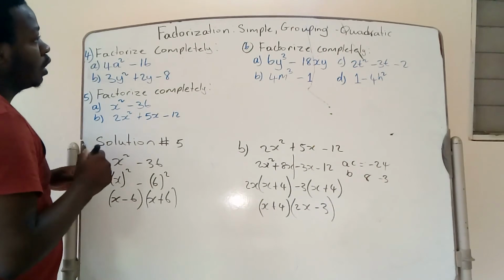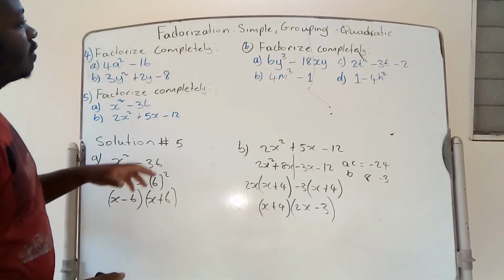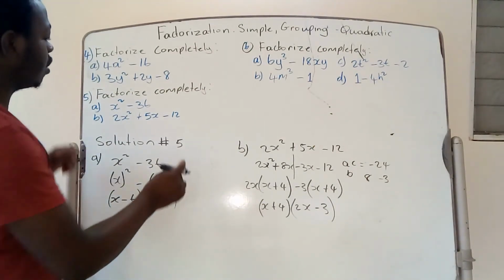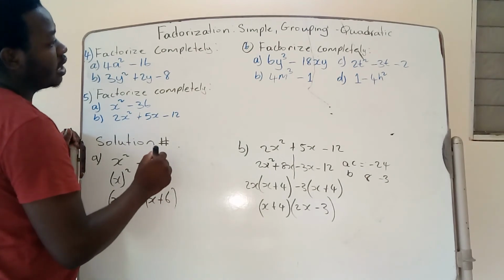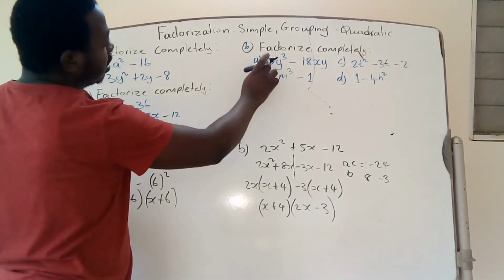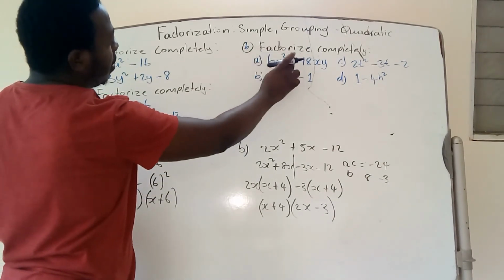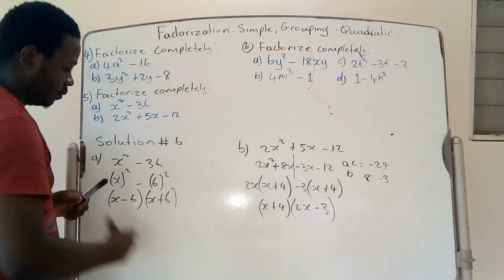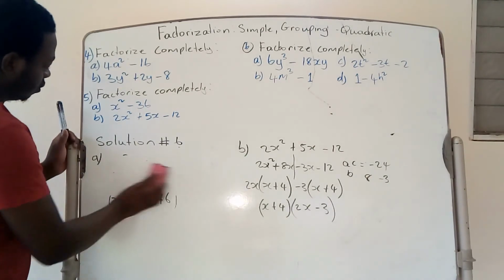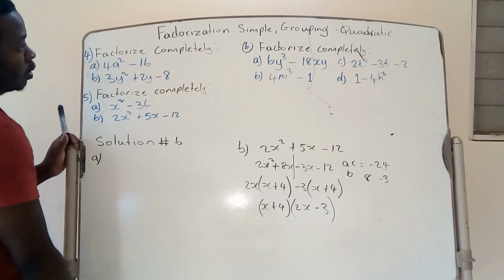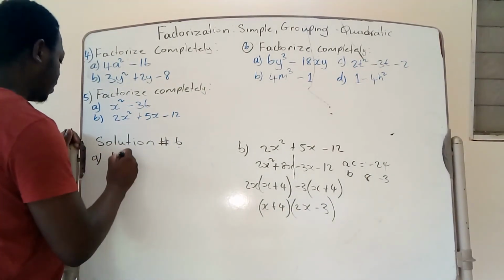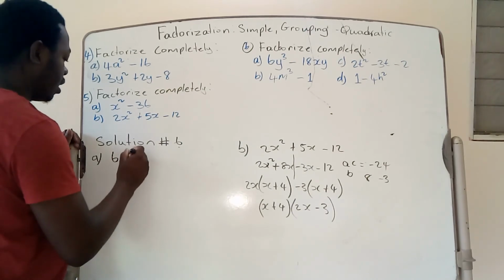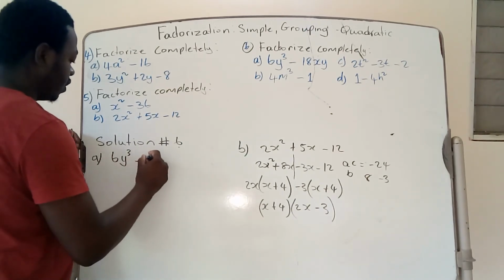Alright. Question number 6. Factorize completely 6y cubed minus 18xy. So we know we have 6y cubed minus 18xy.